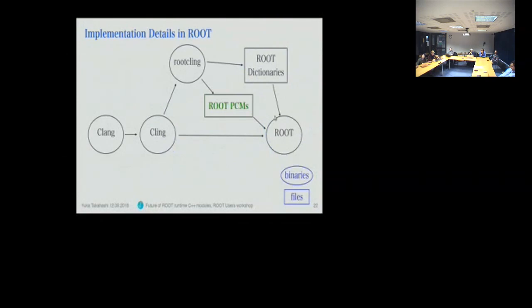The C++ module implementation is created at this part of the diagram. So rootcling generates ROOT PCMs and ROOT loads them at runtime. As you notice, we have two arrows from rootcling to ROOT, via ROOT PCMs and ROOT dictionaries. It is possible that PCMs replace some of the ROOT dictionary functions, such as rootmaps and rdict as mentioned in the previous slide, with a more stable implementation. So this is one of the benefits of ROOT PCMs.